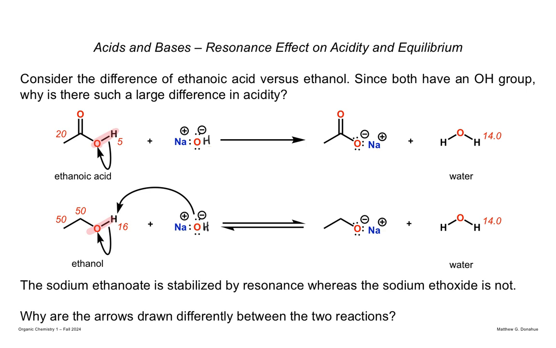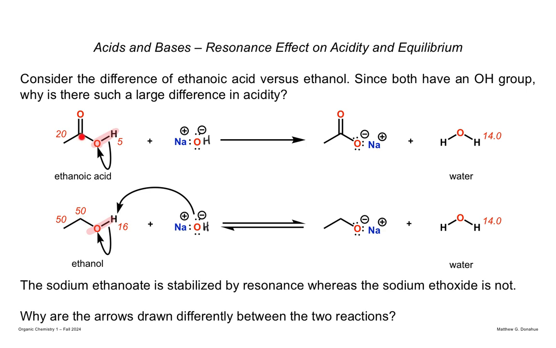So the question is, looking at these other two carbon atoms in ethanoic acid and in ethanol, the difference in acidity arises from that carbonyl group. You have an sp2 hybridized carbon in a carbonyl group, and then just a regular sp3 hybridized carbon.